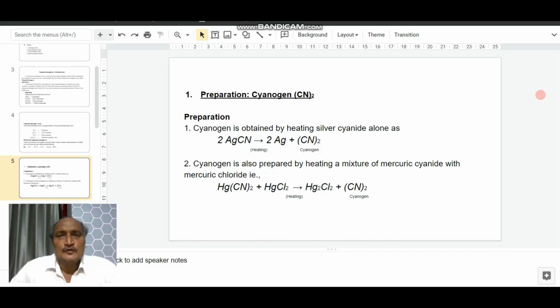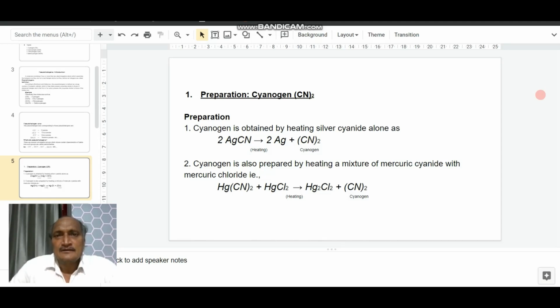That is 2 moles of silver cyanide, on heating, give cyanogen with the formation of free silver.